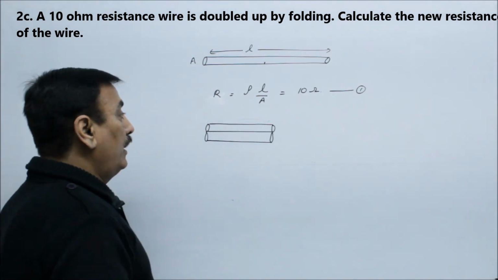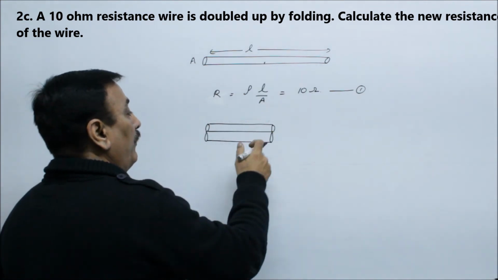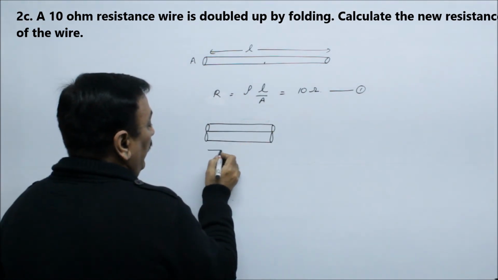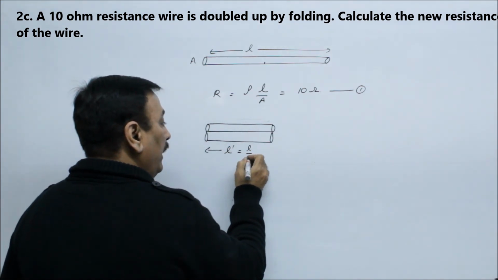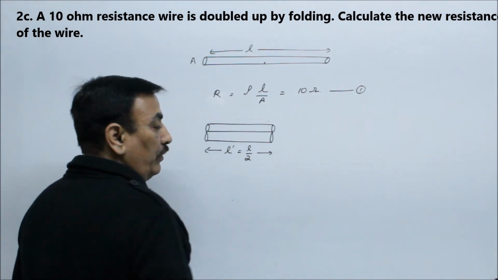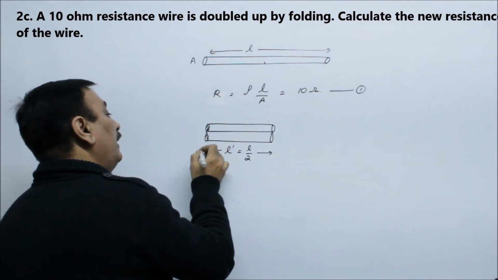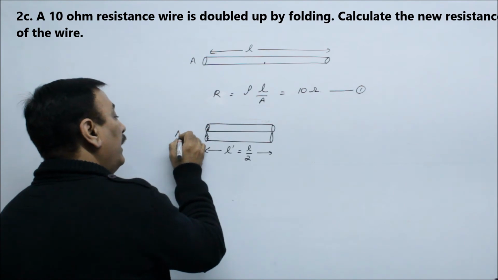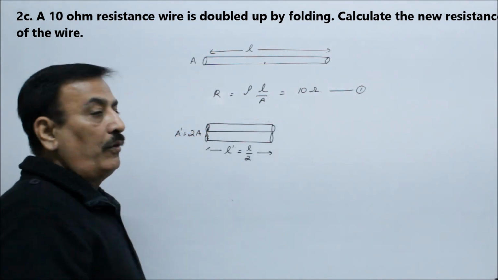So what do you observe? Do you observe that there is some change in length? So from the center, if you have folded it up, obviously the value of new length will be what? It will be L by 2. Got it? And area of the cross section that you can see over here and here, it will not be A, it will be A dash, which will be nothing but twice of A.